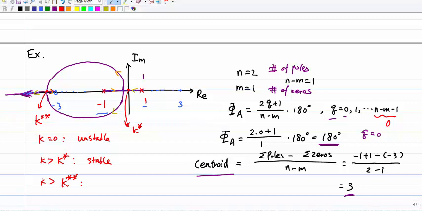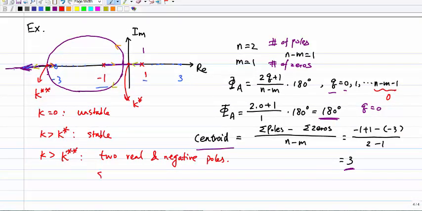One is going here, one is going to infinity, which means you have 2 real and negative poles. So for this case, of course, it's stable, and also there's no oscillation. So your system does not exhibit oscillations.